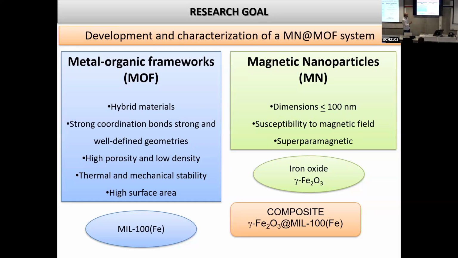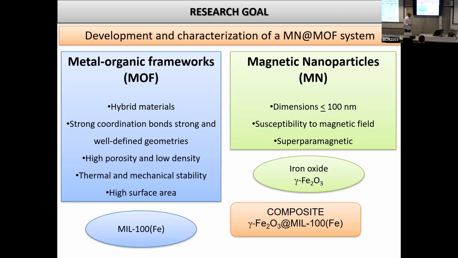We are interested in metal organic frameworks, among their other properties, also for their high porosity. The pores that these materials contain can be sites for location and loading of drugs.